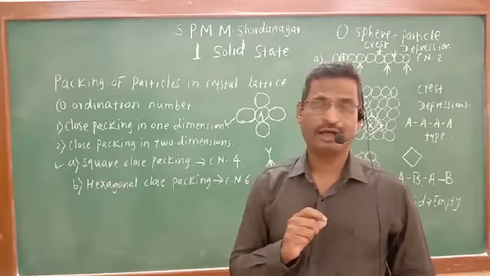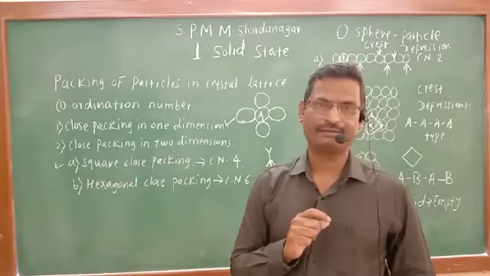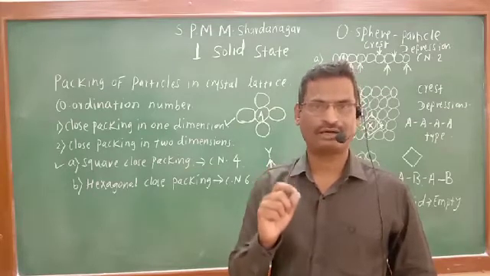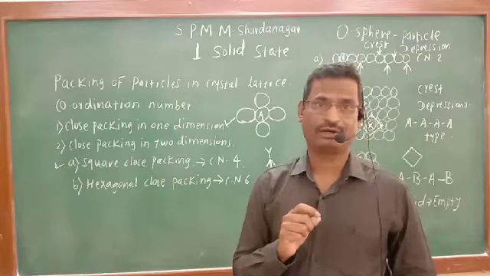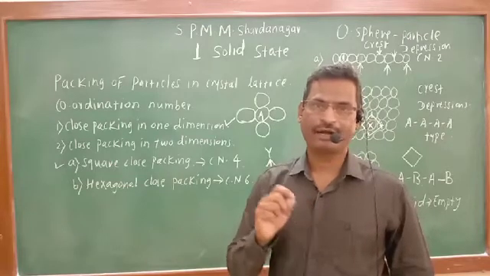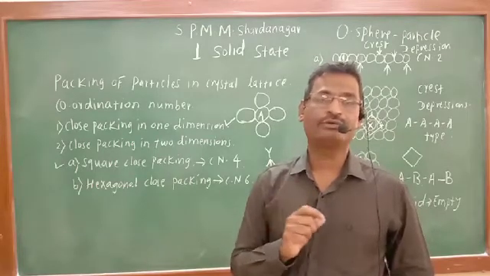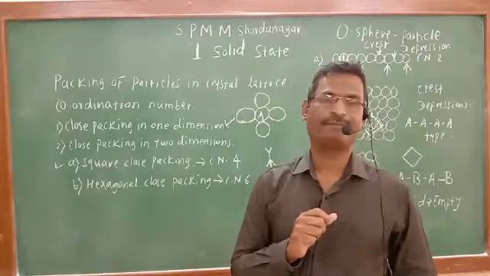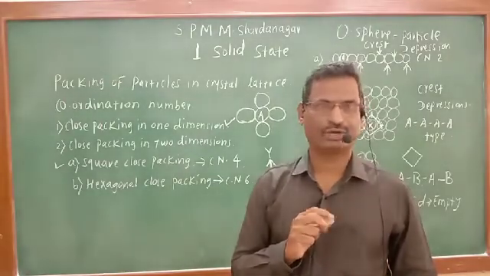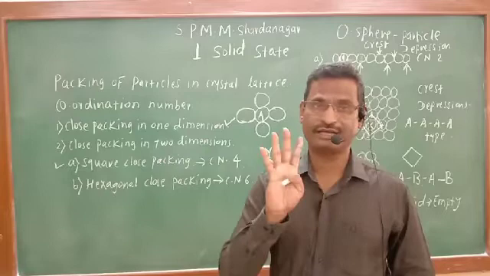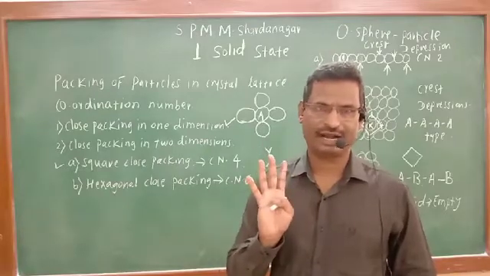Whenever an atom is the constituent particle, it is known as covalent solid, network solid or cross-linked solid. And whenever a molecule forms the constituent particle, it is known as molecular solid. We have seen those examples also in detail in the last lecture.